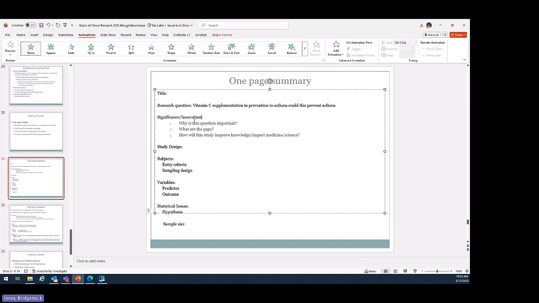So what are some areas of significance? If we show that vitamin C supplementation could prevent asthma, why would this be important?